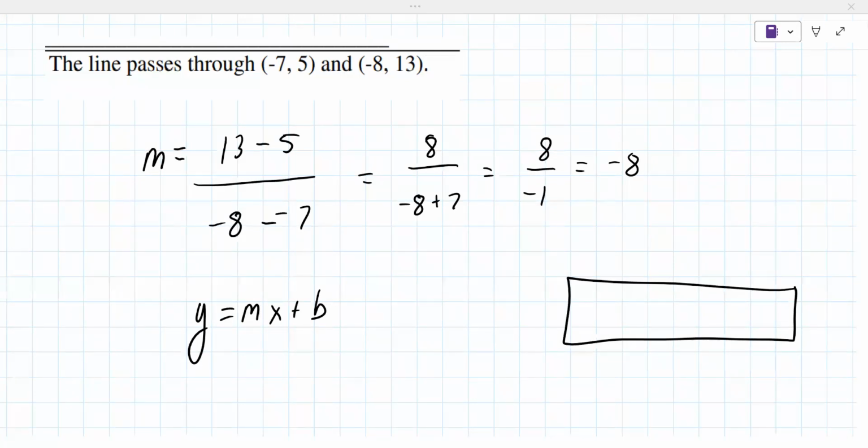I'll do -7 and 5. And then slope equals -8.